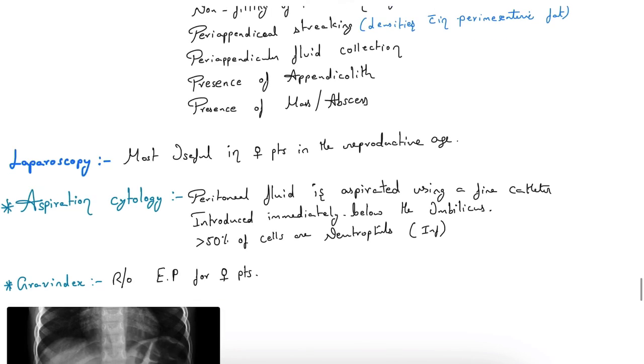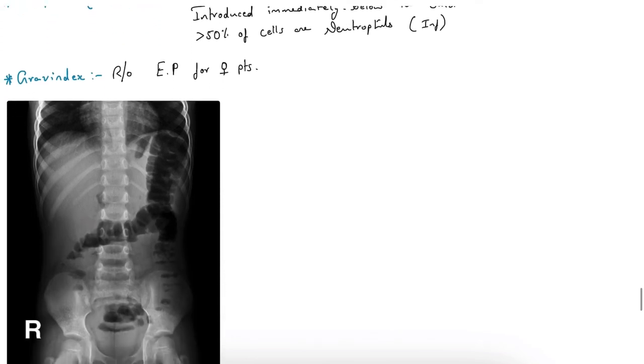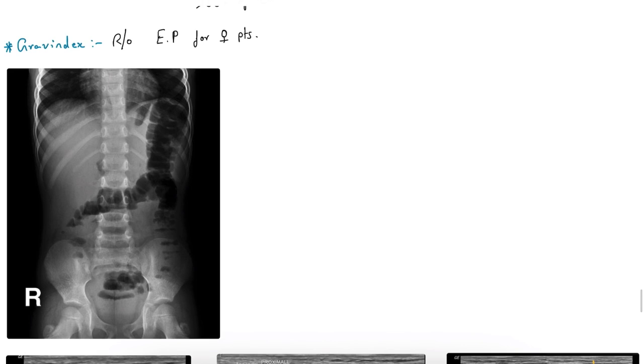Most commonly in reproductive age females we can do laparoscopy, like aspiration cytology, where peritoneal fluid is aspirated using a fine catheter introduced immediately below the umbilicus. If gravid, we have to rule out ectopic pregnancy in female patients.